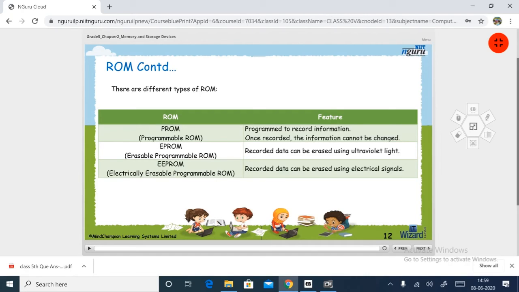Once data is recorded, it can be erased using ultraviolet light. The last one is EEPROM, electrically erasable programmable ROM. Data can be recorded and it can be erased using electrical signals.